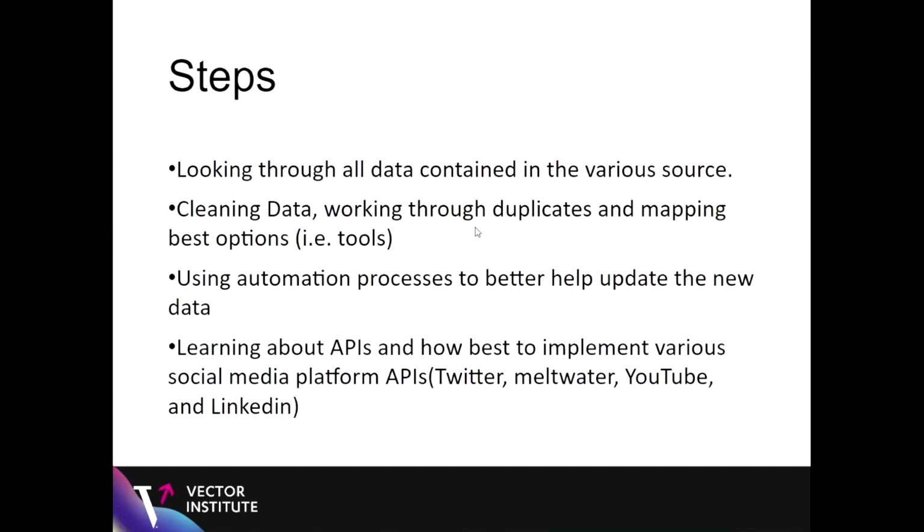So the steps I took were to look through all the data we had currently in the various spaces, and clean it, walking through duplicates as well as mapping out the best options to present it. One of the processes I recommended was an automation process, which would reduce the manual process we had at the moment.